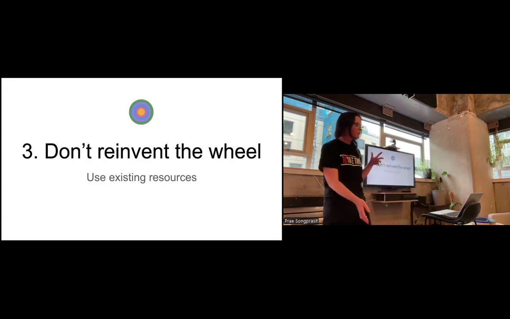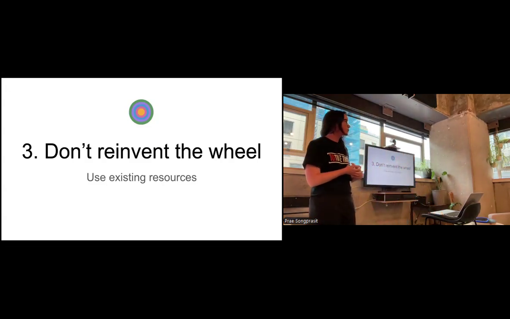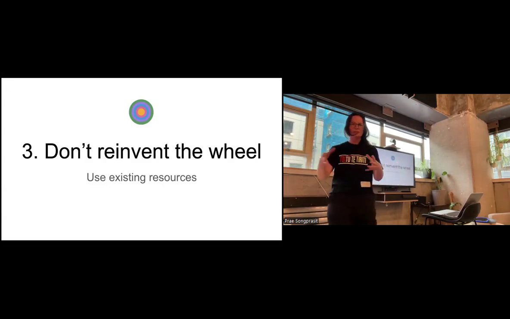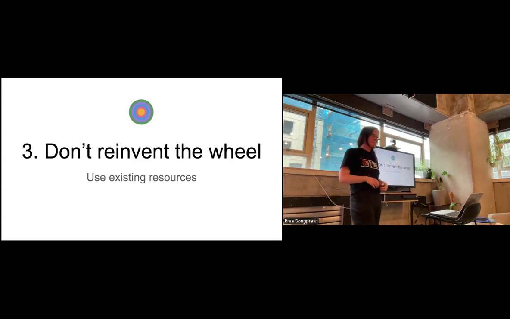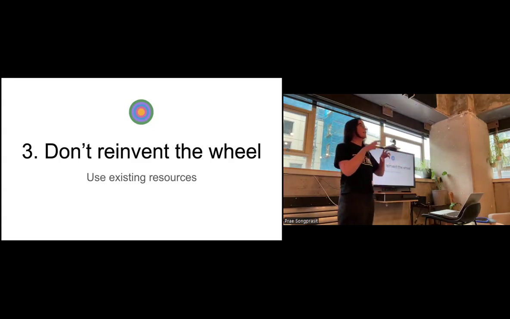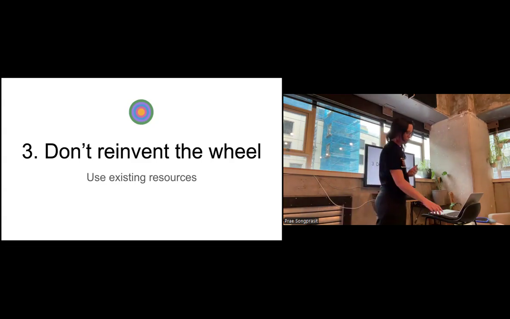So number 3, don't reinvent the wheel. Don't try and look at WCAG and then go and try and use it to make your app accessible, because that will drive you insane. You don't have to comb through all of that information because there are lots of resources out there to help you.